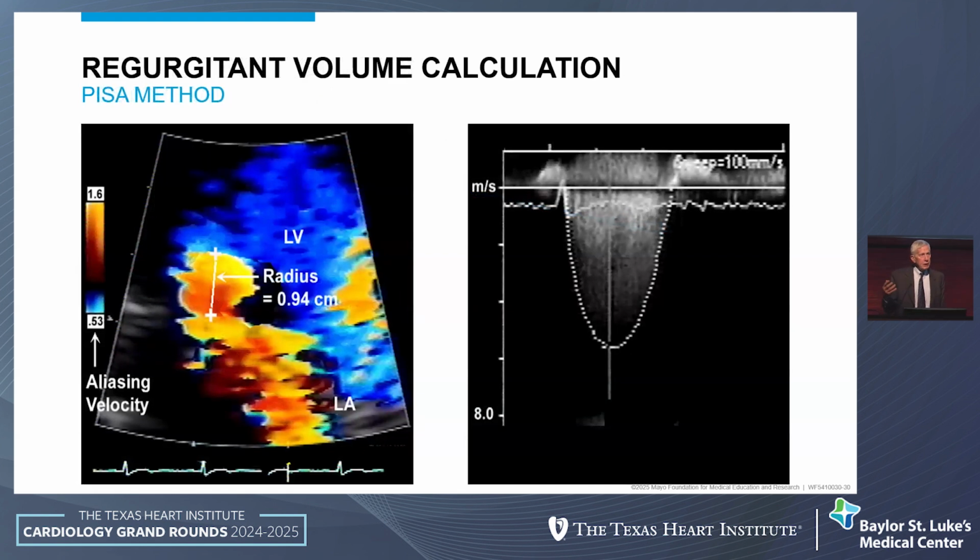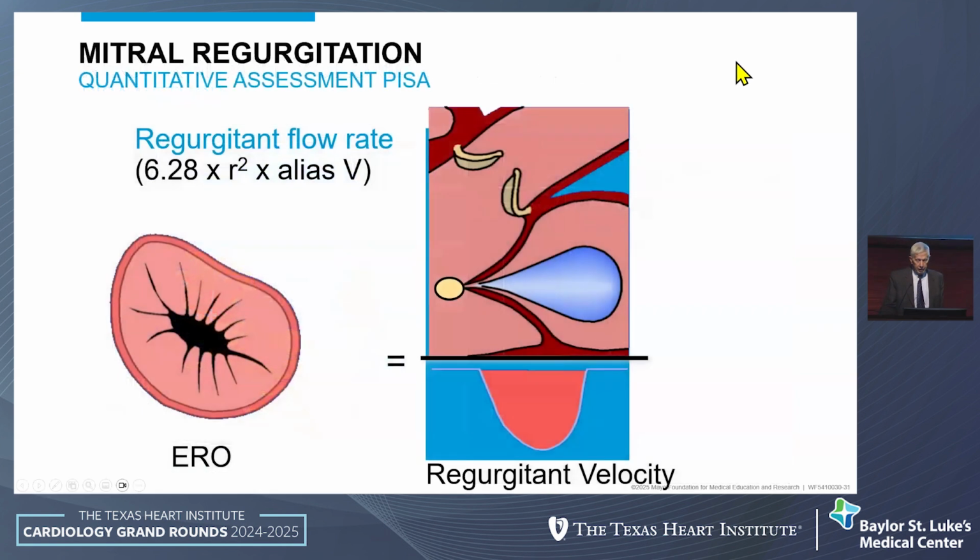Now, the question is, if you have an asymptomatic patient, how do you know how severe the regurgitation is? And of course, then came quantitative methods, mainly with Doppler echocardiography. This just shows the PISA method. If you look at the area or the radius of flow convergence, you multiply that by a constant and the aliasing velocity, you get a regurgitant flow rate.